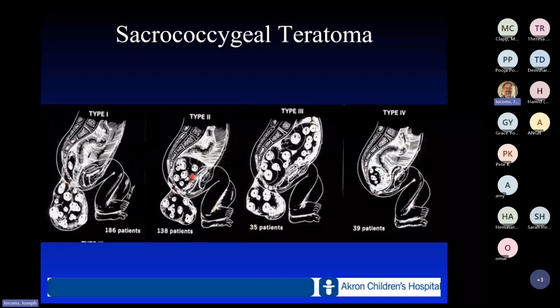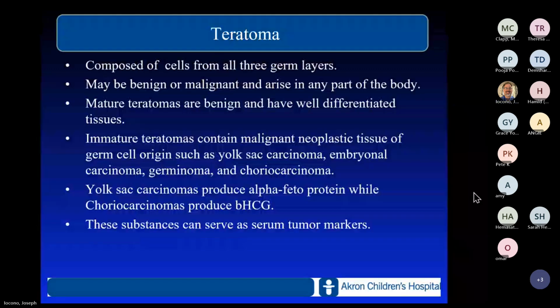Then there's a type 2, or think about dumbbells, so two halves in and out. Type 3 is same thing as 2, except more is in than out, and type 4 is all in. So all out to all in. Type 2 is equal inside and out, and type 3 is more. So just as you follow it across, completely out to completely in.